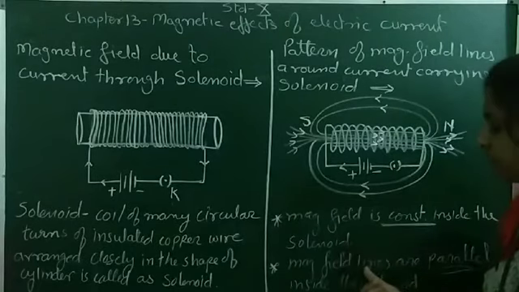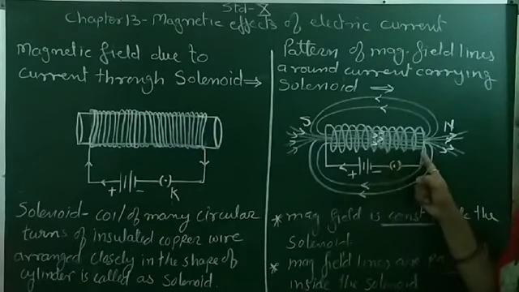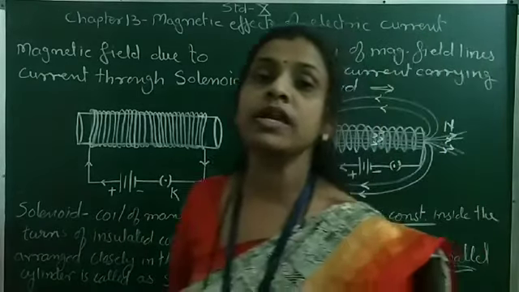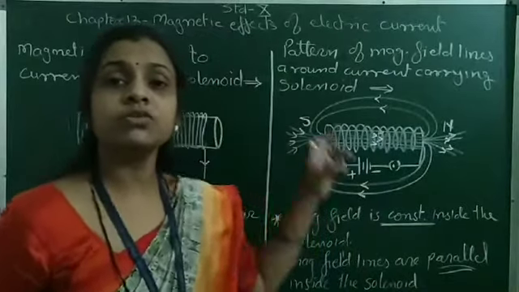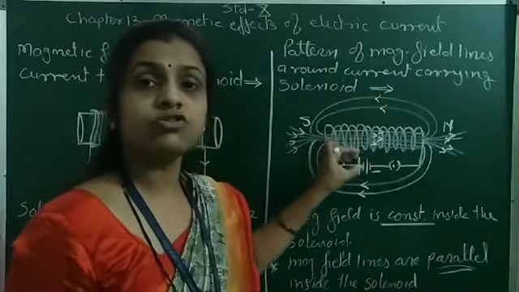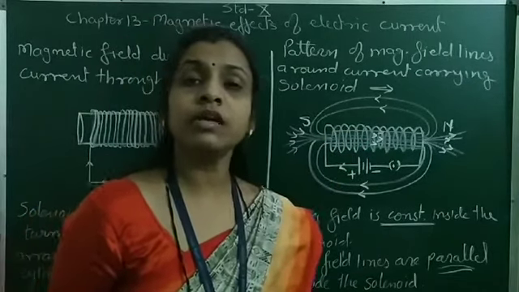Why? Because the magnetic field lines inside the solenoid are parallel to each other, and therefore the solenoid produces a strong magnetic field inside it, and this strong magnetic field is used to produce the electromagnet.